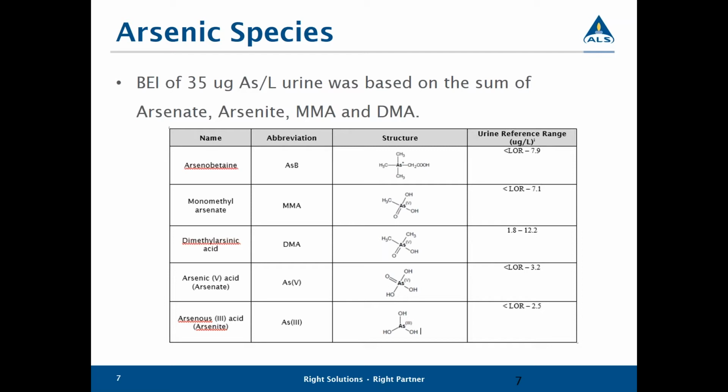Whereas the 3 and the 5, and also your MMA and DMA are all considered fairly toxic. And your body tends to excrete the methylated forms in the urine. And so it's very likely that that's a pathway of metabolism in the body. But these 4, MMA, DMA, arsenic 5, and arsenic 3, would be summed and then compared against those action levels.